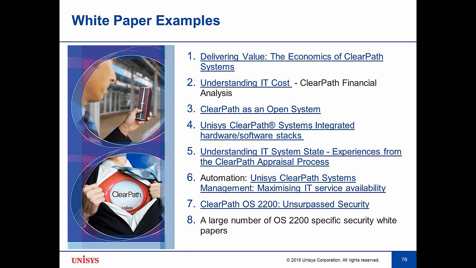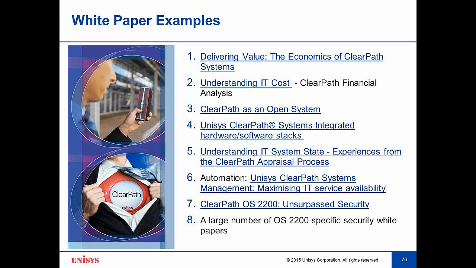They can be for ClearPath, but they can actually cover the entire data center. And this white paper explains what kind of things and financial analysis tools we have, what kind of results we've seen, and what you ought to think.